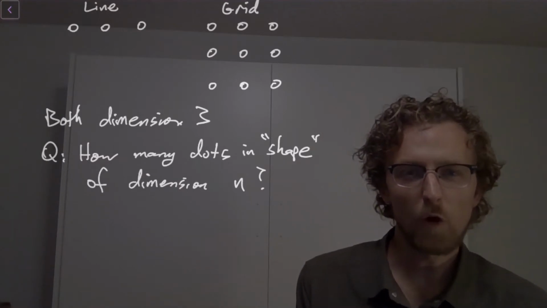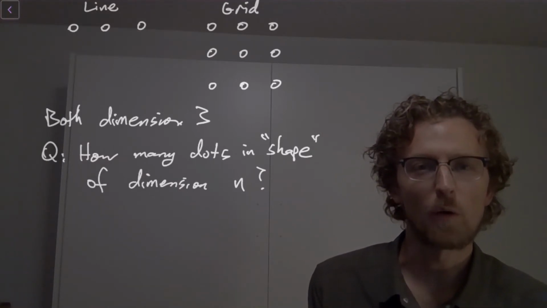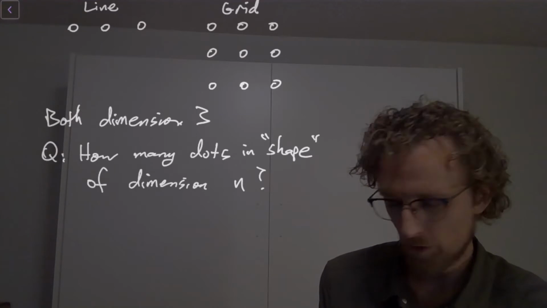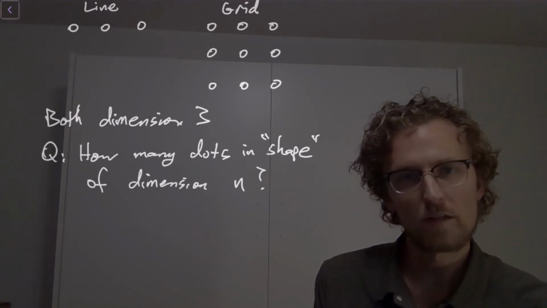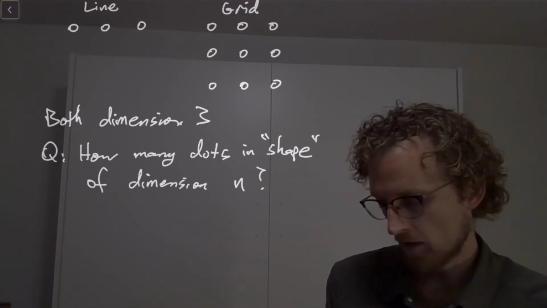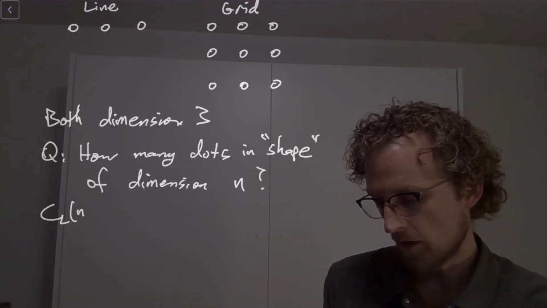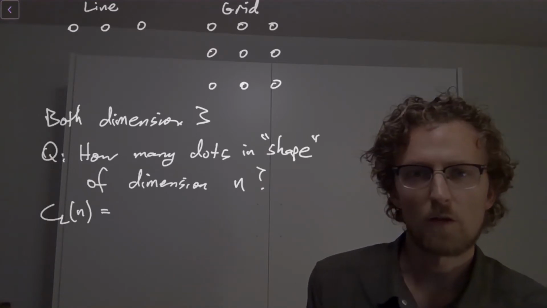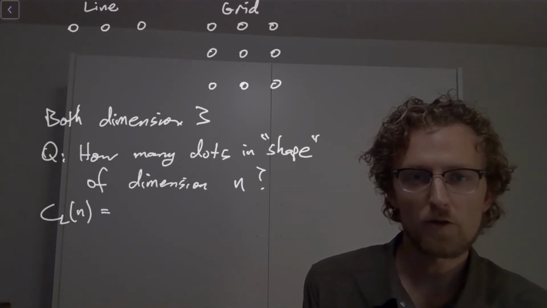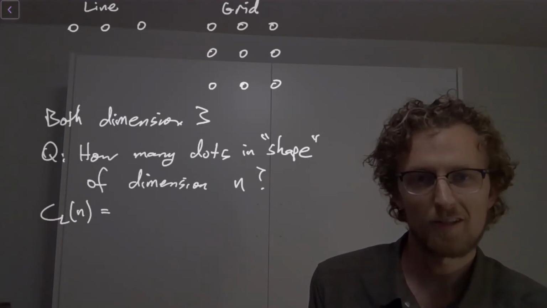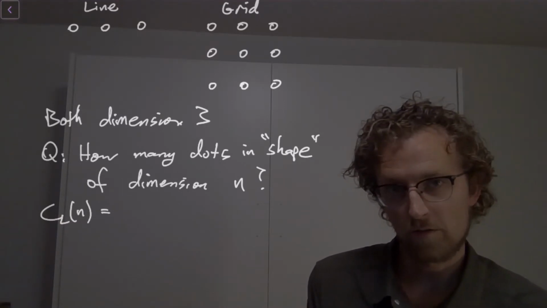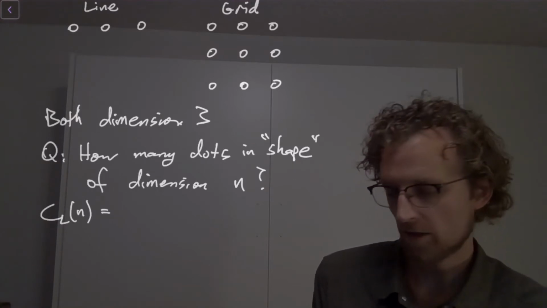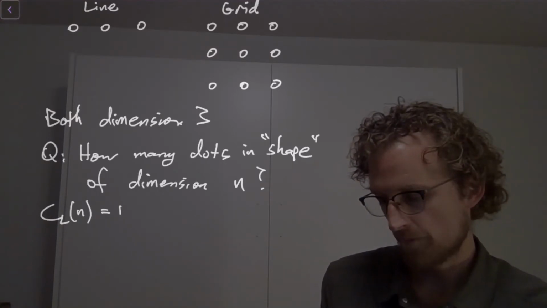You don't have to think very long to know the answers are very simple. For the line, I'm going to write this as CL of n. For the line, if the dimension is 3, there's 3 dots. If the dimension is 6, there's 6 dots, and so on. There's exactly n dots in a line of dimension n.